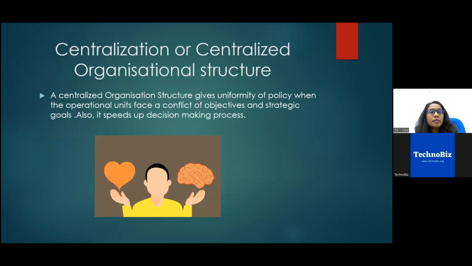As I said, centralized or decentralized organizational structure. What is that? Centralized organizational structure gives uniformity of policy when the operational units face any conflicts of objectives and strategic goals. It speeds up the decision-making process.